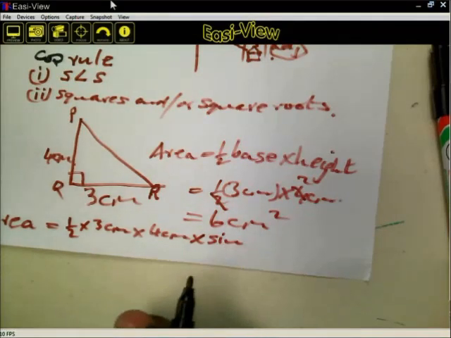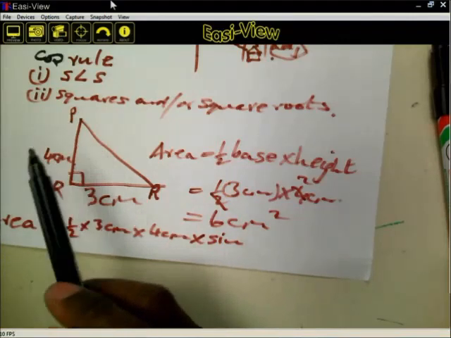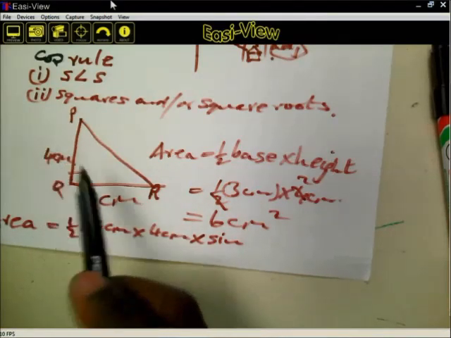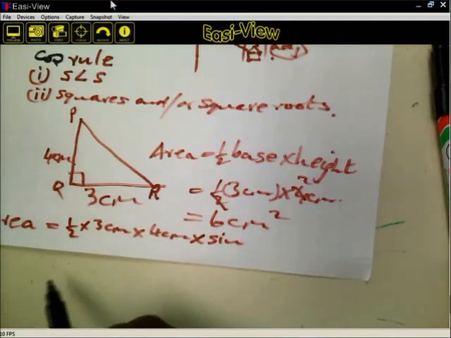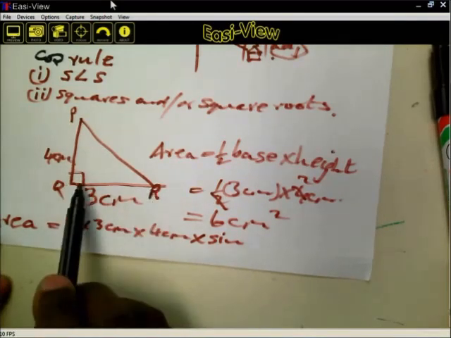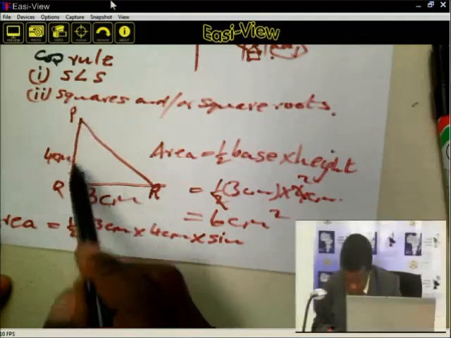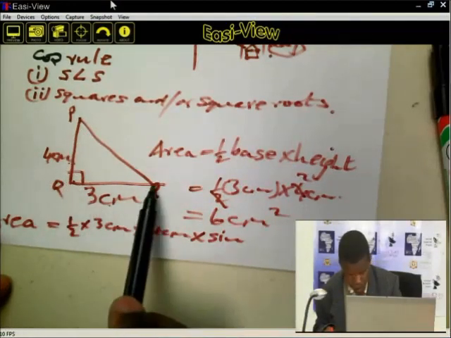And again, the easy thing to remember is that the so-called included angle is very simple. It is the angle made up by the very sides we are talking about. This PQR, which in this case happens to be 90, is the included angle between 3 centimeter and 4 centimeter, because one arm of this angle is PQ, the other one is QR.